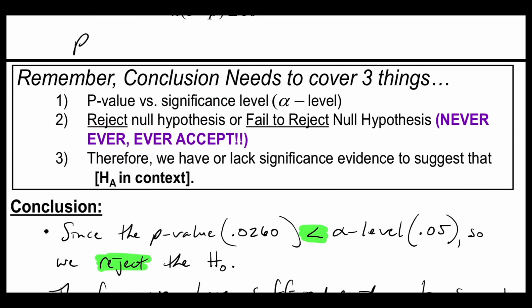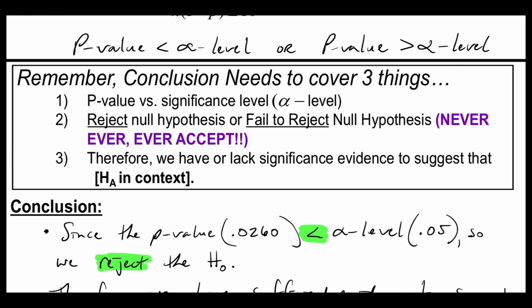So if the p-value is less than the alpha level, or the p-value is greater than the alpha level. Let's start with less than.